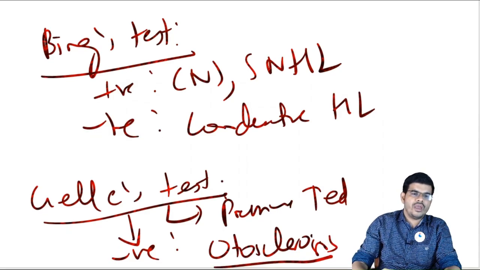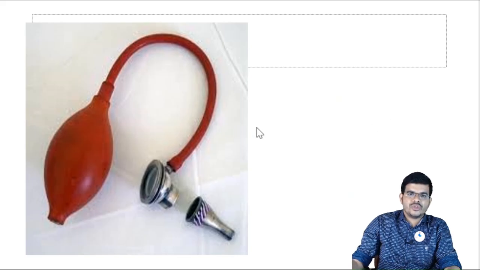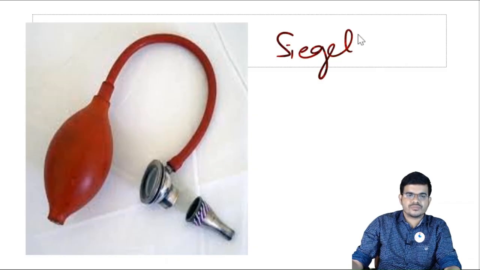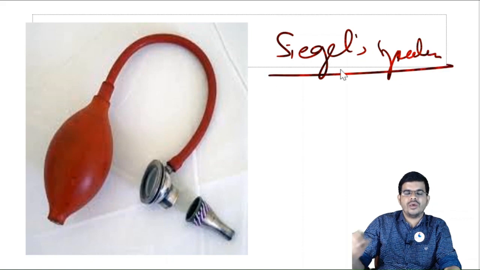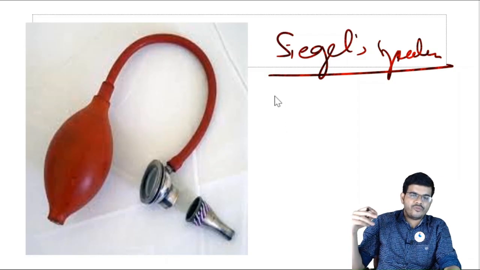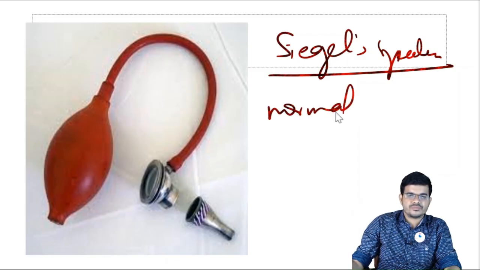So when you do a pneumatic otoscopy with a speculum like this, okay, with a Siegel's speculum, if you are trying to increase the pressure, if there is a change in the pattern of hearing, that is the patient is unable to hear or he is hearing less, when you are doing a pneumatic otoscopy, it is supposed to be normal, or he could be having conductive or sensorineural hearing loss.